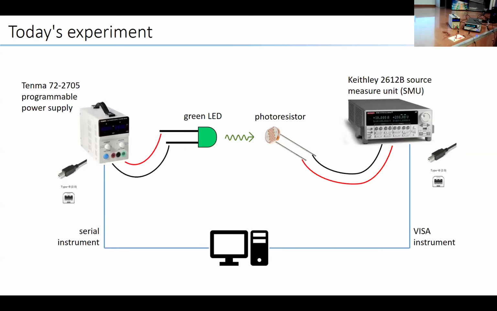And so with the programmable power supply, we're going to drive an LED, which is here. I can just drop this height a little bit so you can actually see it from Zoom.